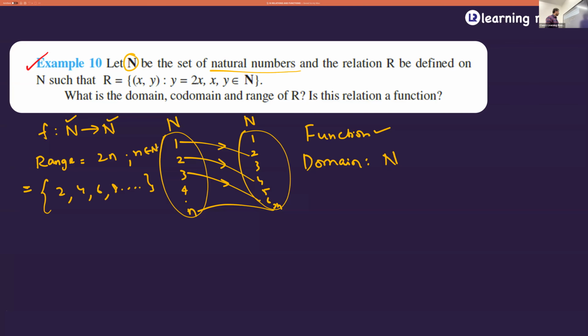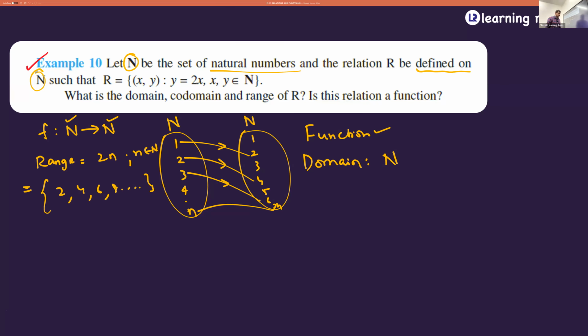Domain and codomain, how will they be same? Oh, sorry. You're right. In this case, yes, domain and codomain are same, because defined on N itself will tell you that domain and codomain are same. Since there's one set, it will be the same.